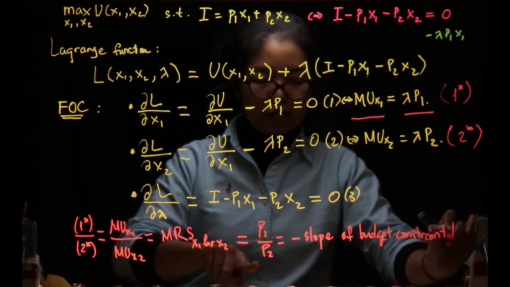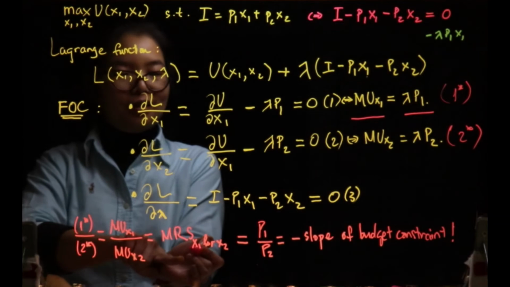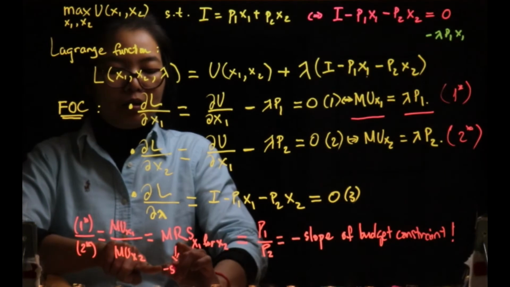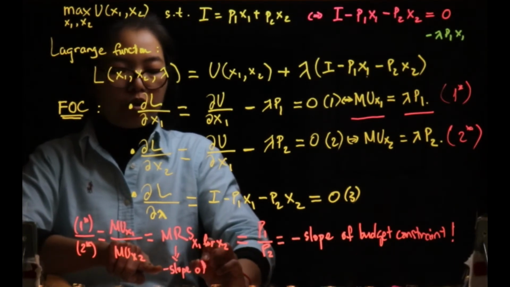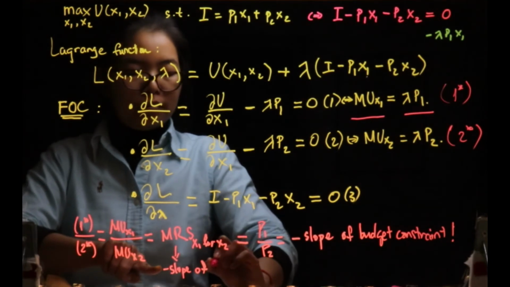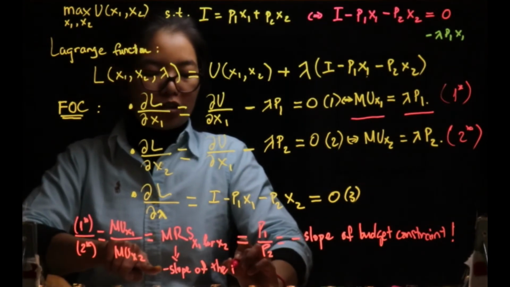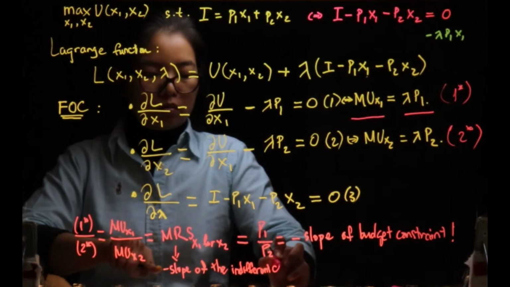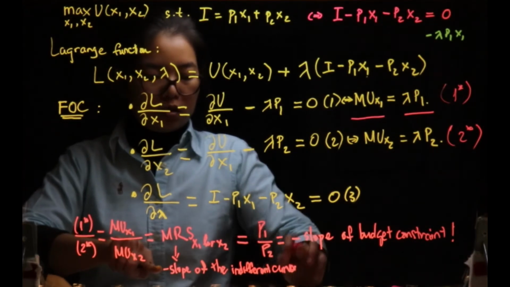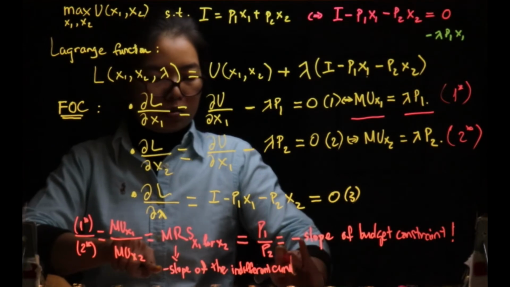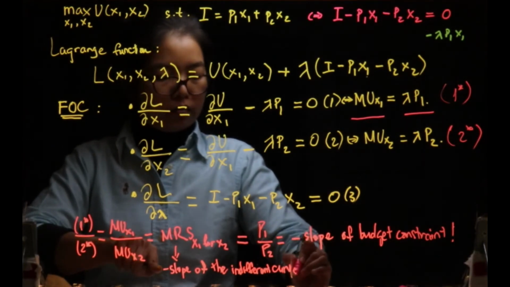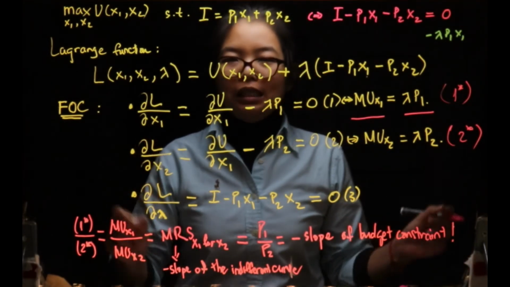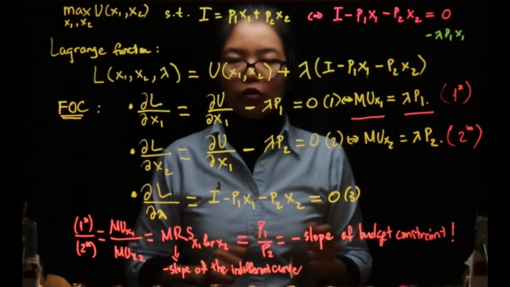And here again, it is the negative slope of the indifference curve. Which is exactly the first order condition that we have seen based on the graph that we have talked about so far.